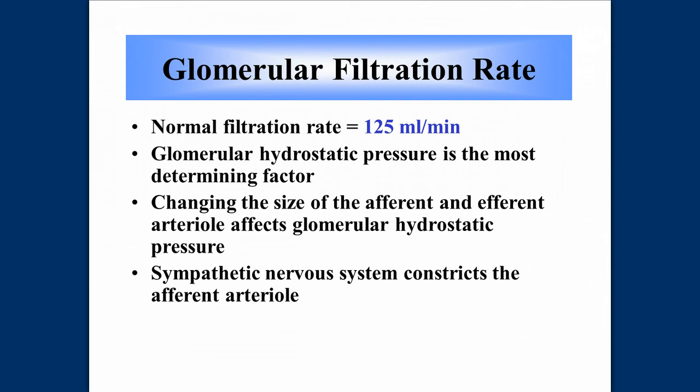Okay, glomerular filtration rate, or GFR. Normal filtration rate is about 125 milliliters per minute. Glomerular hydrostatic pressure is how it happens. It's the most determining factor. Changing the diameter of the afferent or efferent arteriole affects the glomerular hydrostatic pressure.